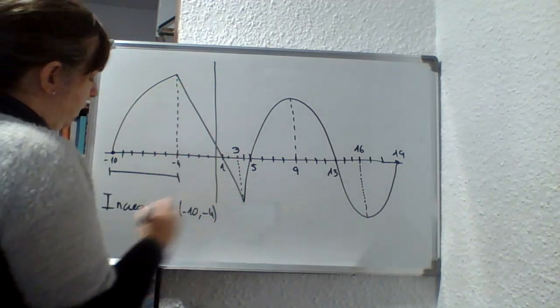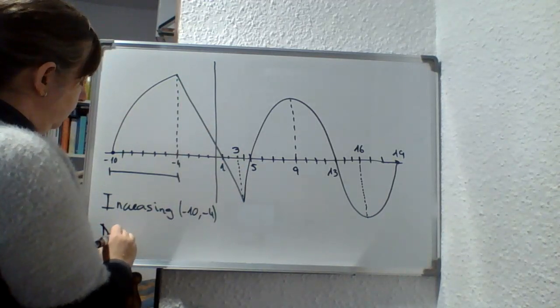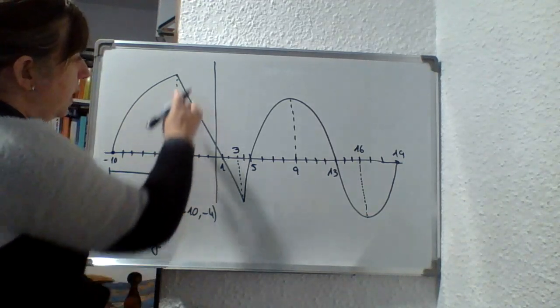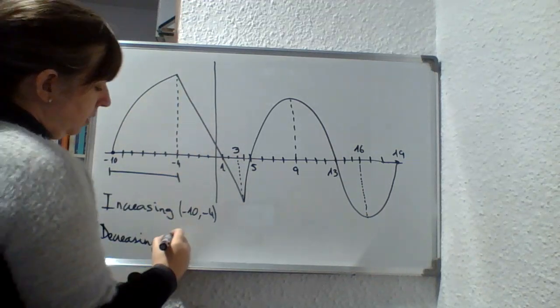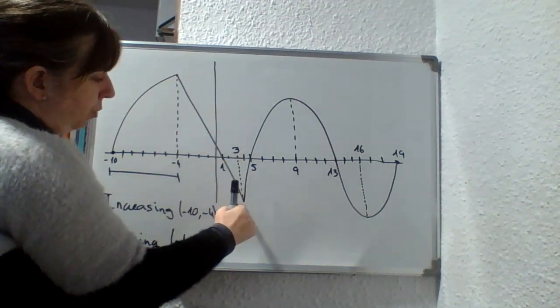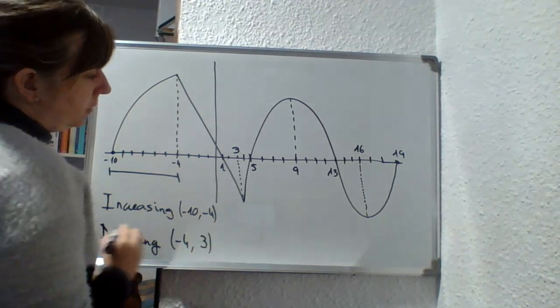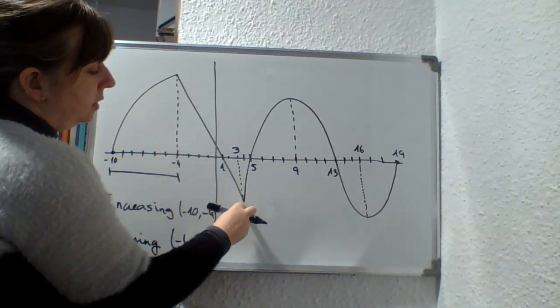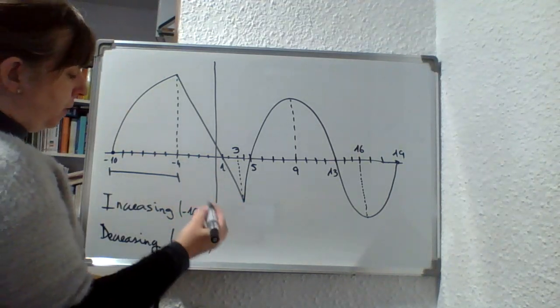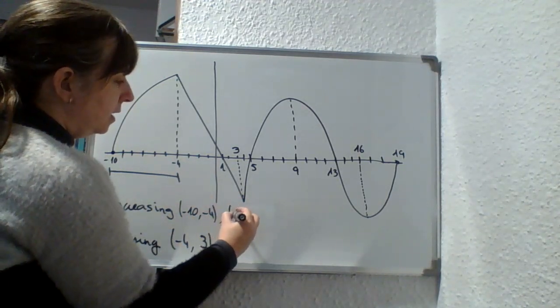After that, the function becomes decreasing. The function is decreasing from minus 4 to 3. After that, from 3 to 9 the function is going to be increasing again.